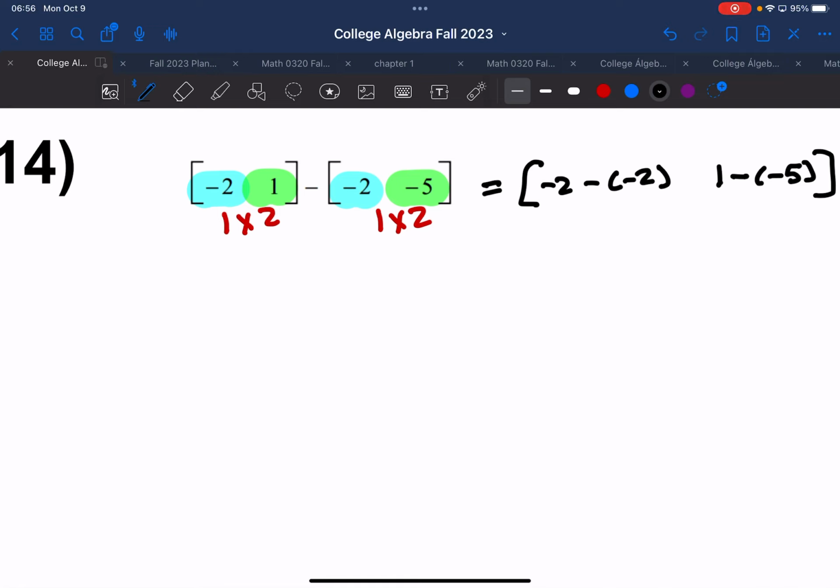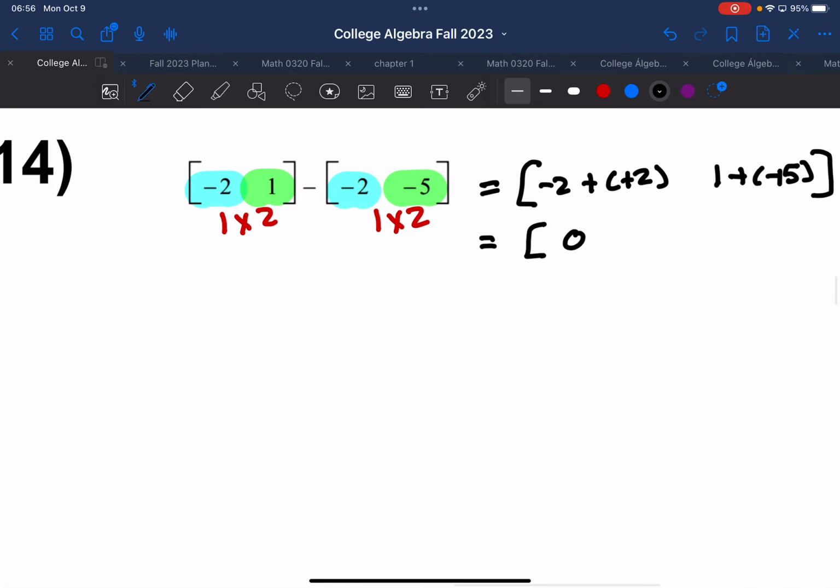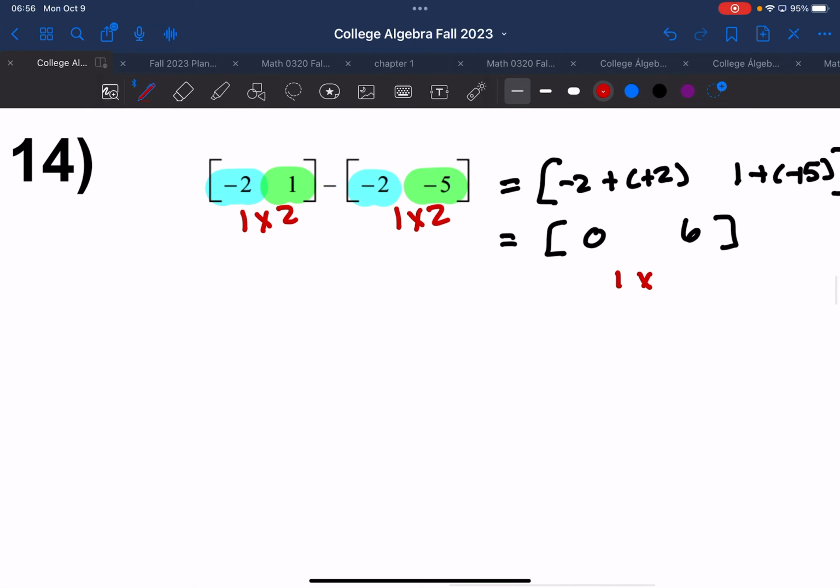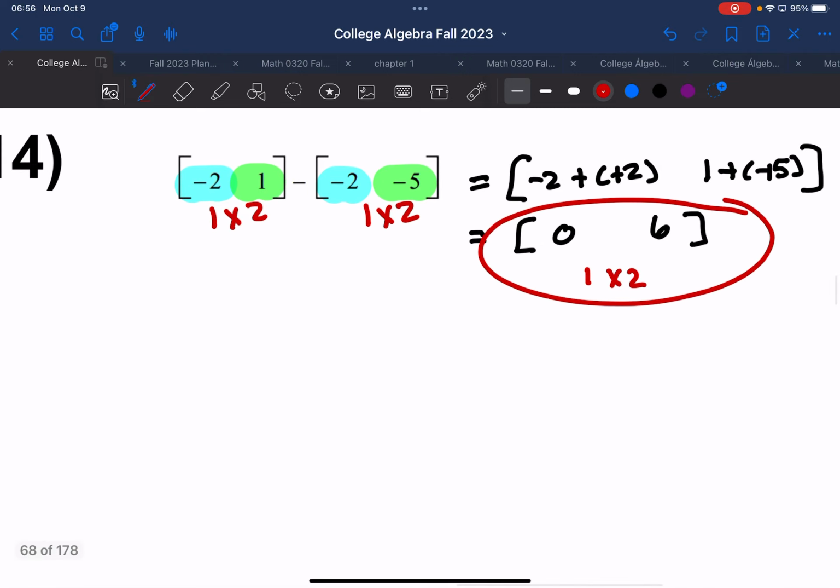We know that minus a negative in both these cases is plus a positive. So that means we have -2 plus 2, which is 0, and 1 plus 5, which is 6. Okay, this is our answer because we still have a 1 by 2 matrix. The only important thing is to make sure we are adding or subtracting the correct element inside of the matrix.